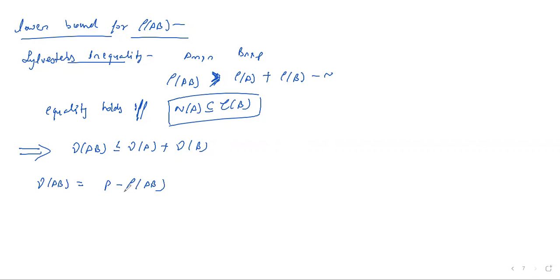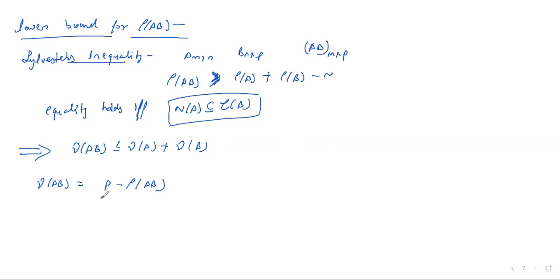By the rank nullity theorem, nullity of AB is P minus rank of AB. Here, AB is M cross P, and I am taking into account the number of columns, so P minus rank of AB.